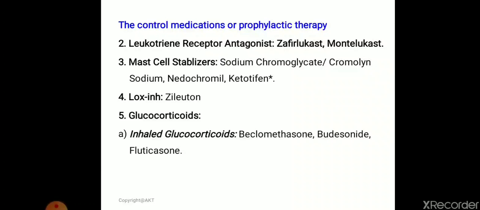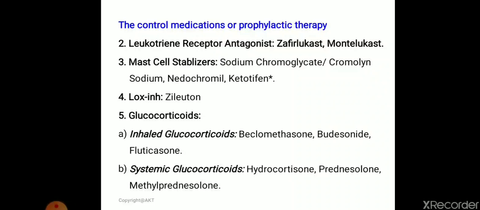There are two classes. One is inhaled glucocorticoids, like beclomethasone, budesonide or fluticasone, and systemic glucocorticoids, which can be taken either orally or parenterally, like hydrocortisone, which can be given by intravenous route, and prednisolone, which can be given by oral route.